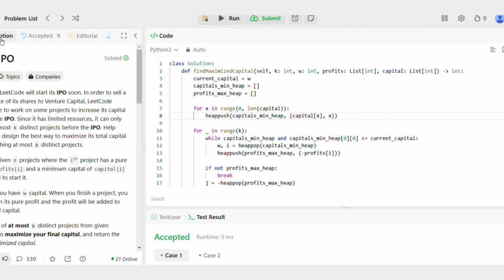So remember I mentioned an optimized approach and a naive approach. The naive approach, the time complexity was more, I believe it was O of n squared. The time complexity of this is O n log n, where n represents the number of projects.